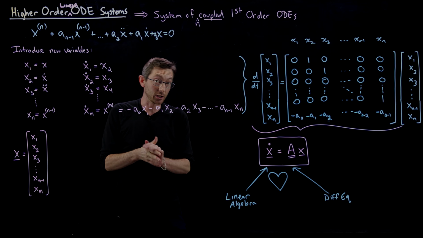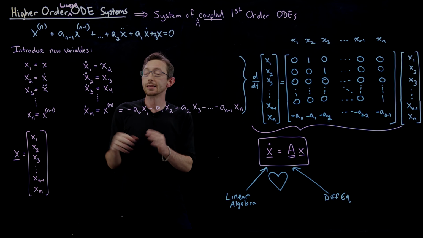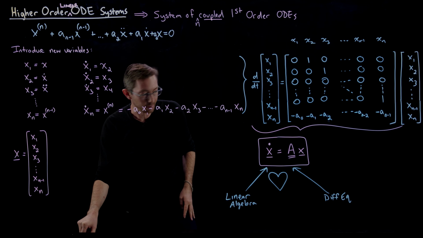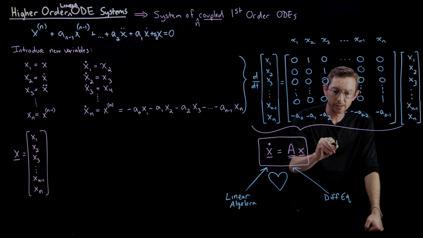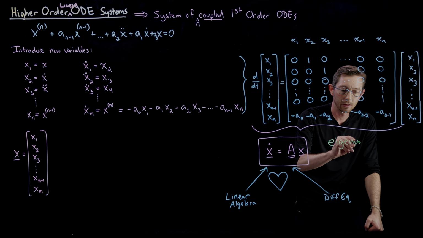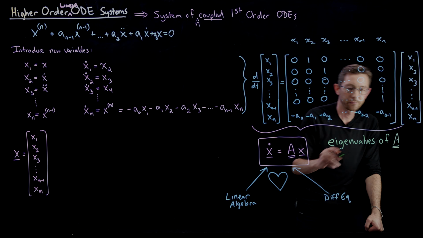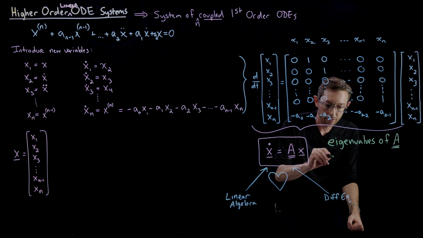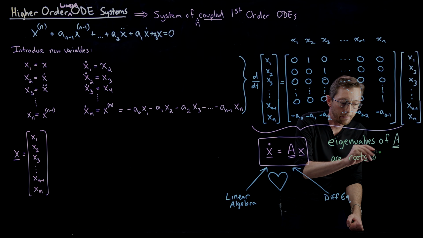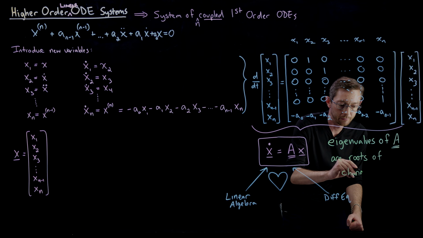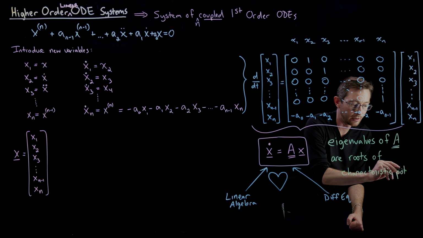What I'm going to show you for the rest of this lecture, because I do have a little bit of time, is something very important: that the eigenvalues of this A matrix are the roots of the characteristic polynomial. And these mean the same thing, essentially.